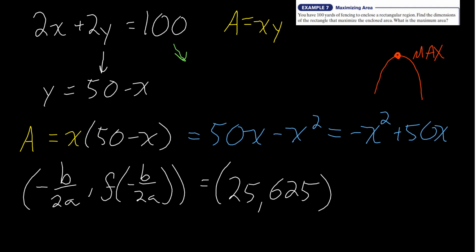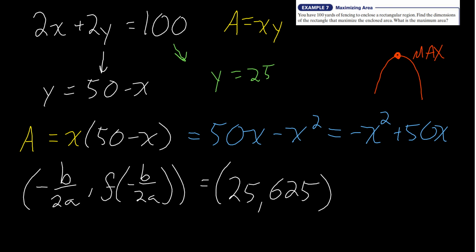So 2 times 25, because that's my x value, plus 2 times y is equal to 100. 2 times 25 is just 50, and I'm trying to find my y value. If I subtract 50 from both sides, I've got 2y equal to 50. Then I divide both sides by 2, and I get y equal to 25. So it appears y also needs to be 25.